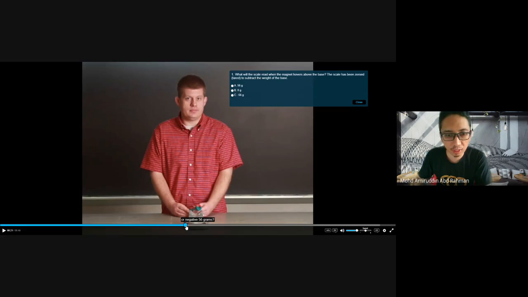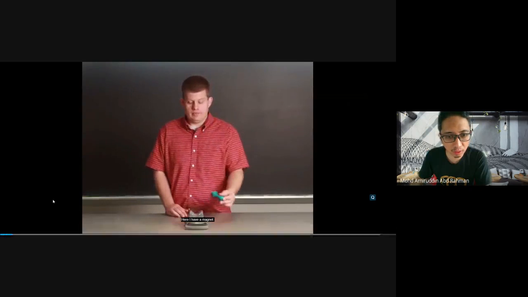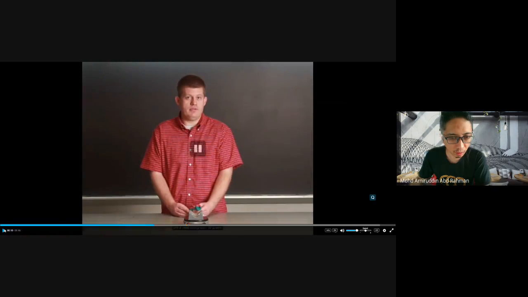Who says it's 56? Okay, let's go back and then we see. Here I have a magnet, and if I place it on this base and read the scale, it reads 56 grams. Now this base allows the magnet to float a few centimeters above it. When I place the magnet on the scale so it will float, what will the scale read? Is it A, B, or C? So A is 56, B is 0, and C is minus 56 grams.